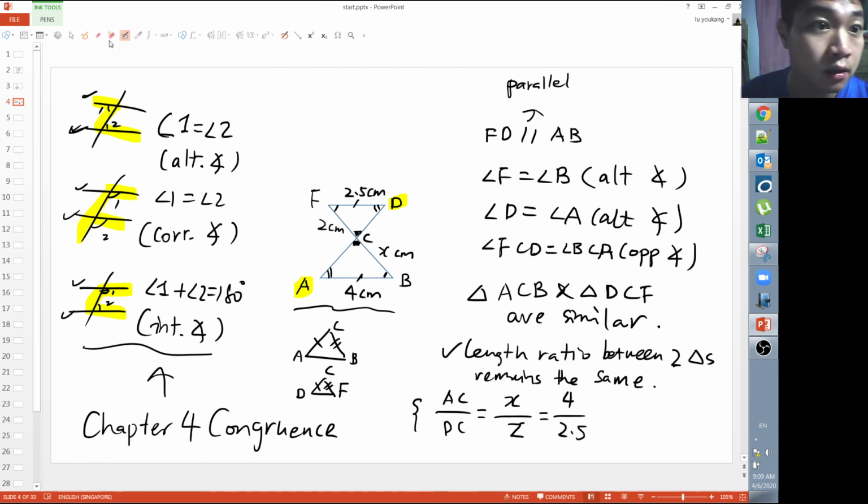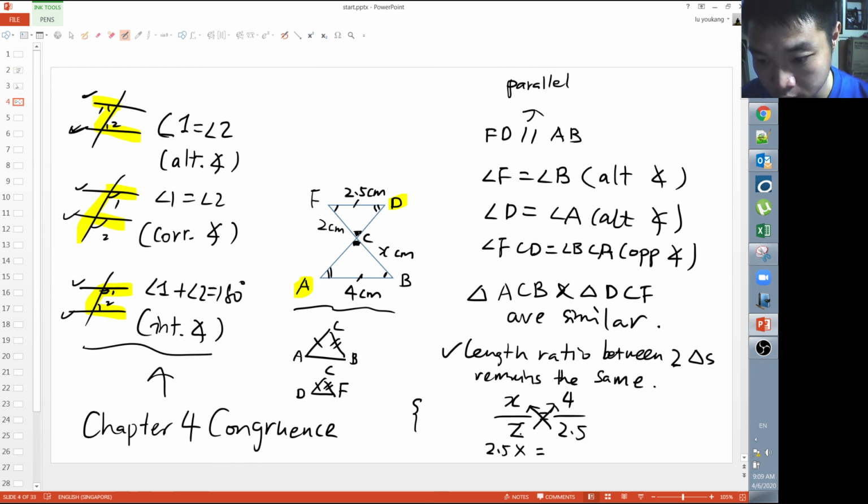You just need this side of the equation, so you can figure out your x, right? So you do your cross multiplication. The left hand side is 2.5x equal to 2 times 4, which is 8.